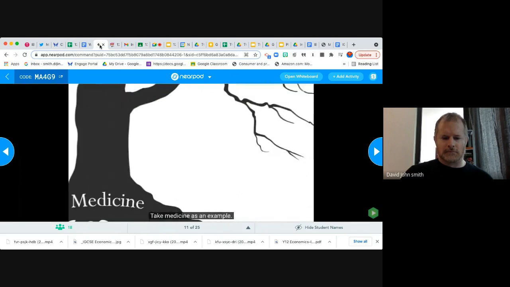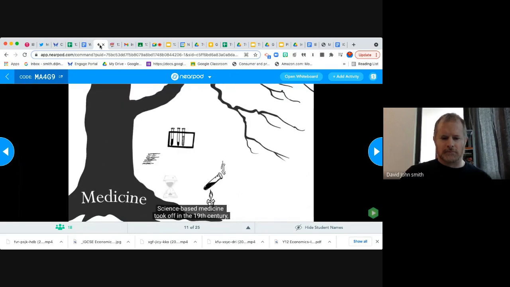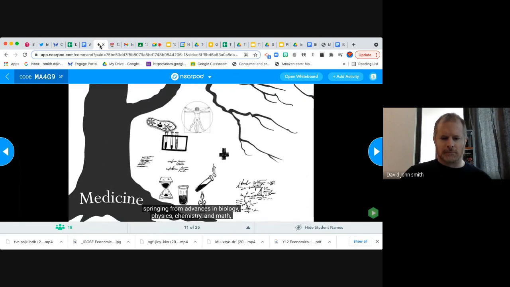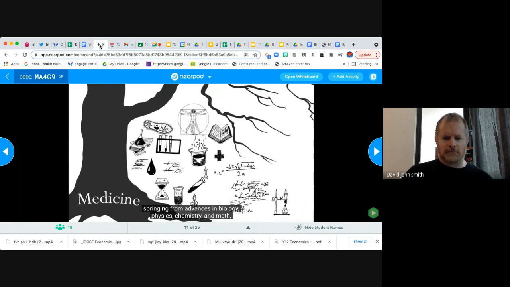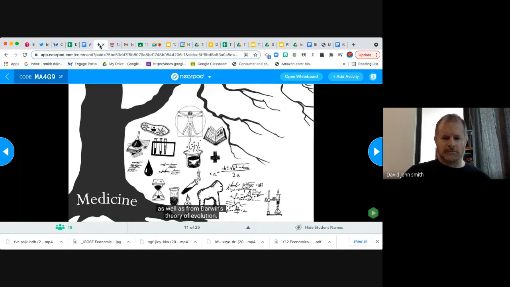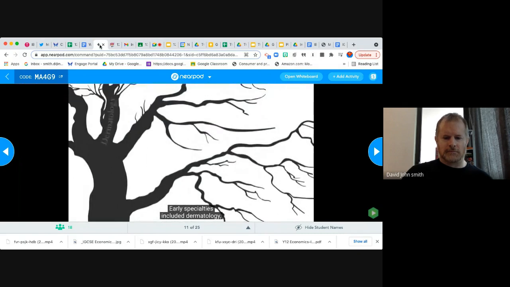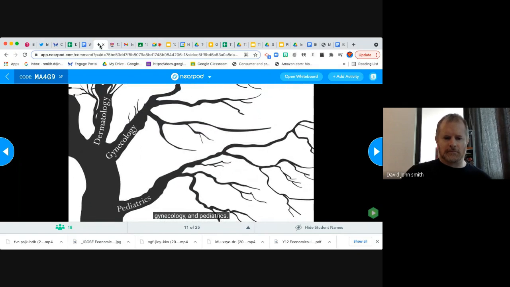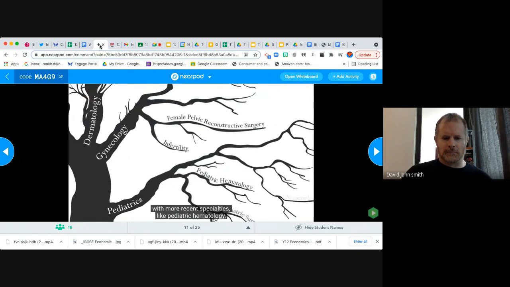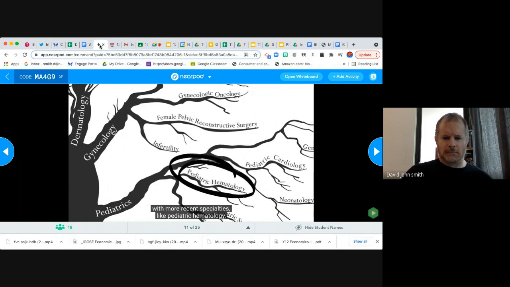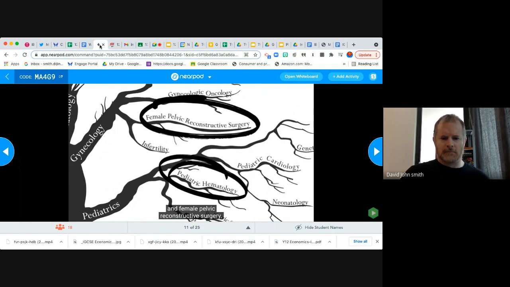Take medicine as an example. Science-based medicine took off in the 19th century, springing from advances in biology, physics, chemistry, and math, as well as from Darwin's theory of evolution. Early specialties included dermatology, gynecology, and pediatrics. This branching continues with more recent specialties like pediatric hematology and female pelvic reconstructive surgery.